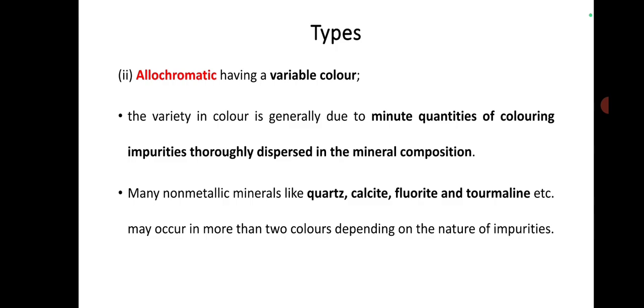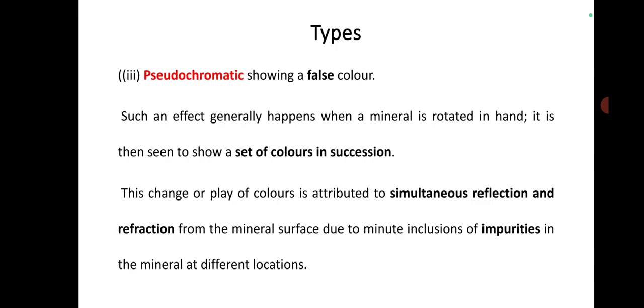Idiochromatic is constant color and allochromatic is variable color, whereas the third one, pseudochromatic, shows a false color. Such an effect generally happens when a mineral is rotated in the hand.